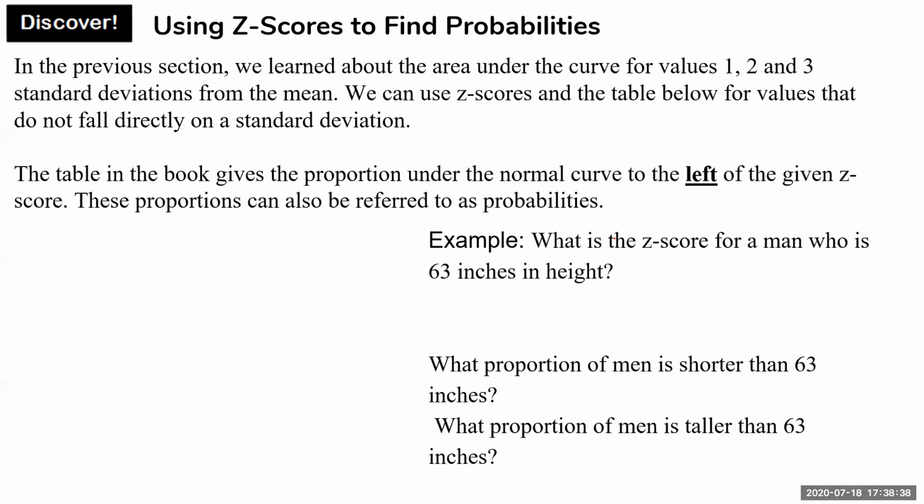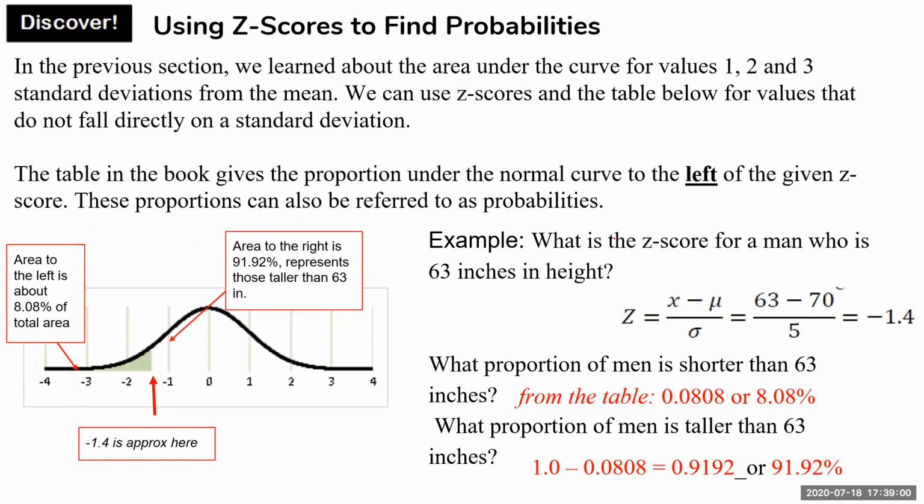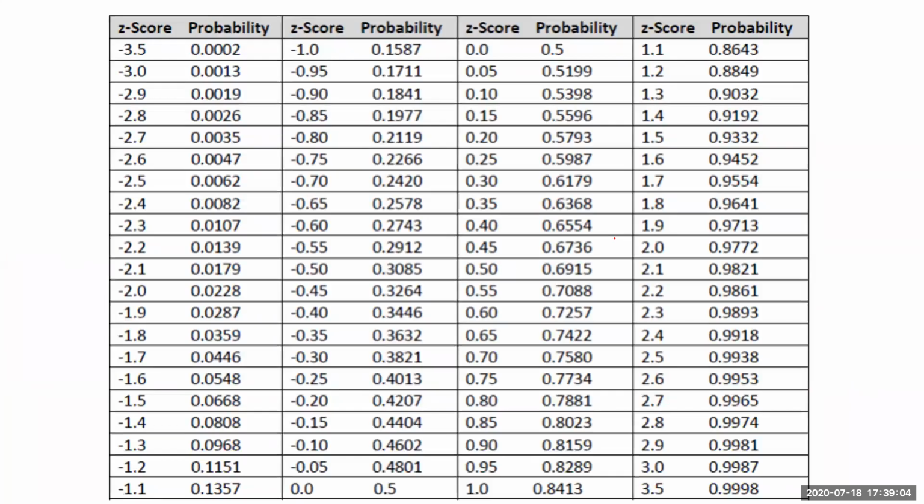Now, what is the z-score for a man who is 63 inches? And you do that, and that gives you what? Minus 1.4. So if you have the table, we are looking at the table on page 236. There's the table we are talking about. Can you see that?